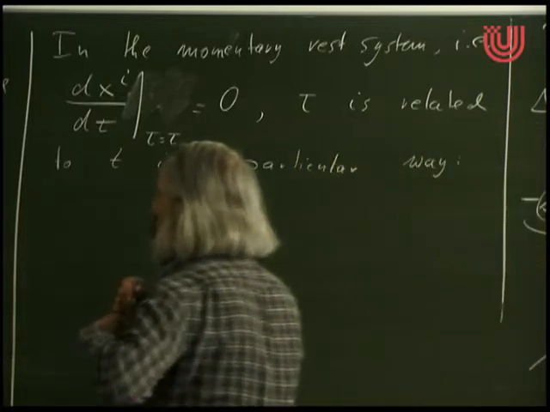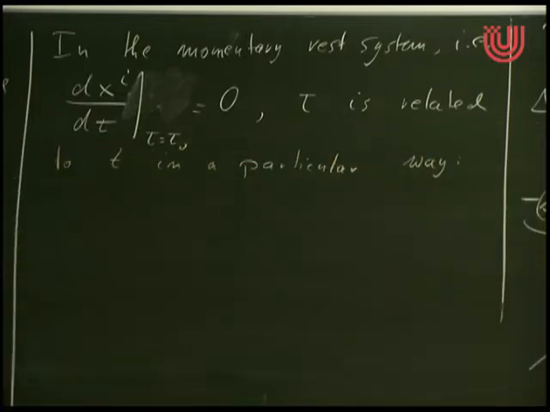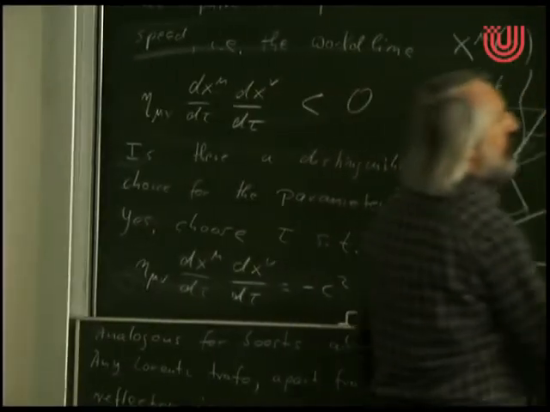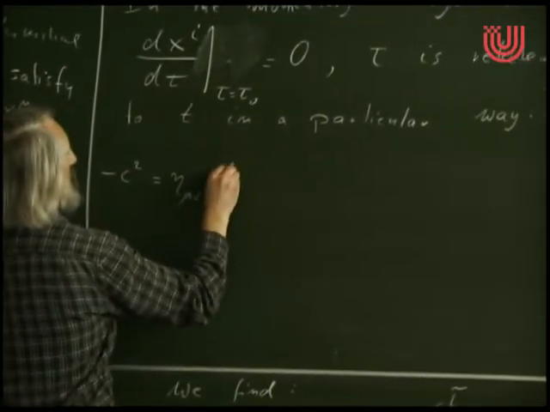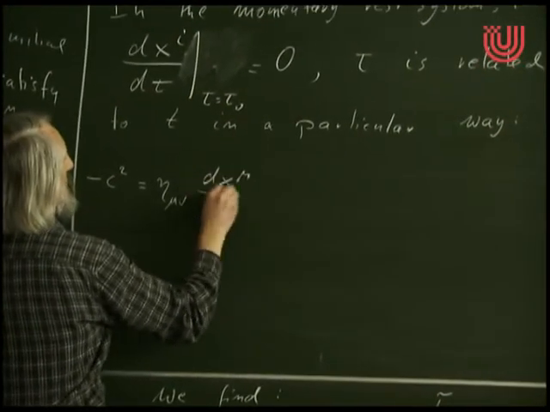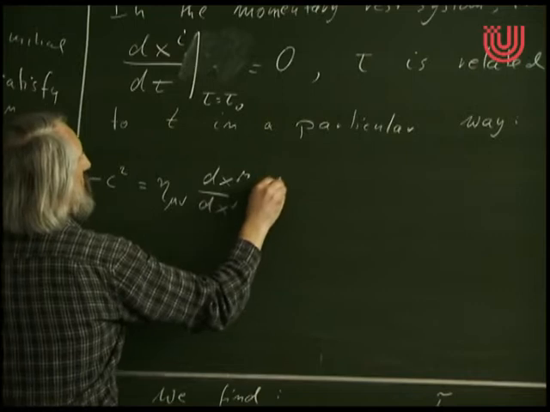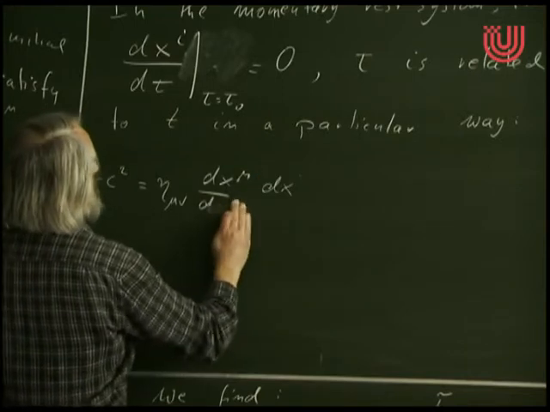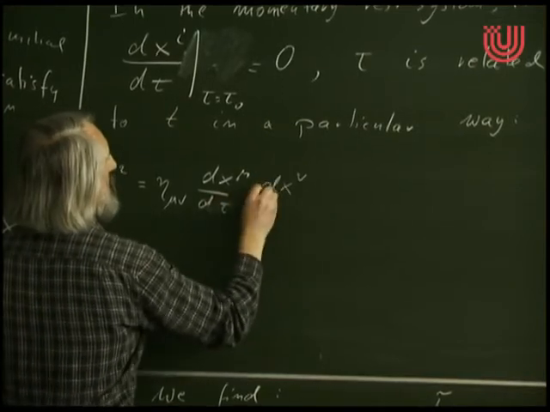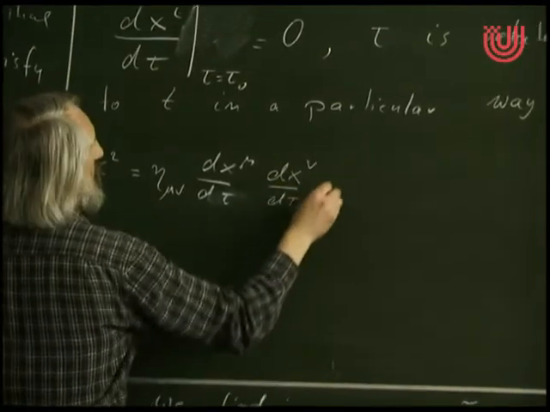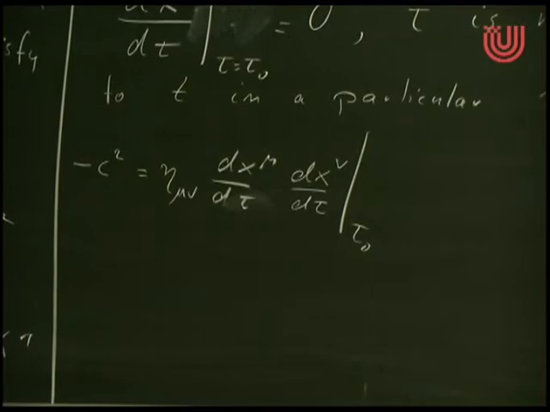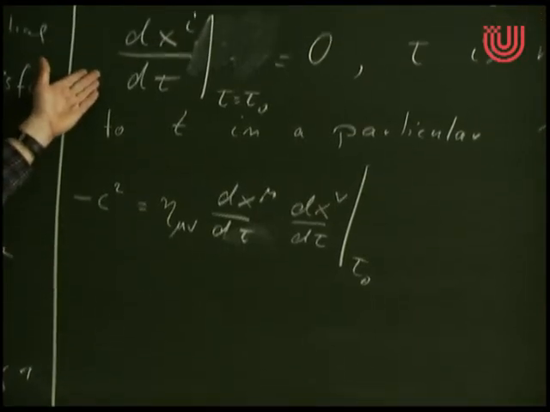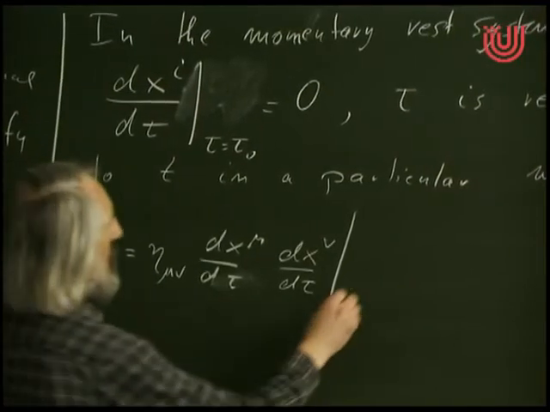So what I have to evaluate is now this equation here. I have minus c squared, that was a general definition, dx mu by d tau, dx nu by d tau at tau naught. And now I am in the rest system, the momentary rest system.